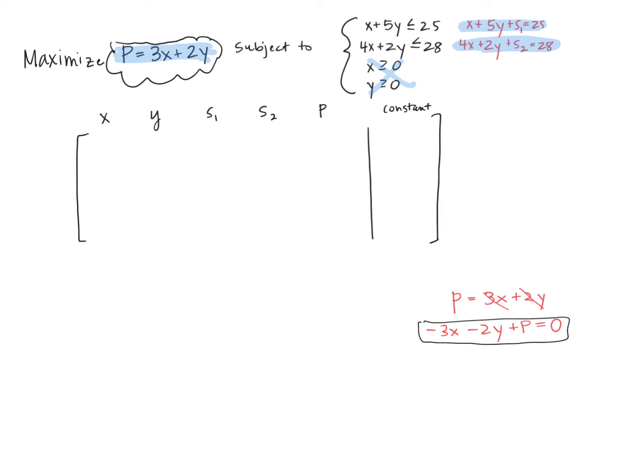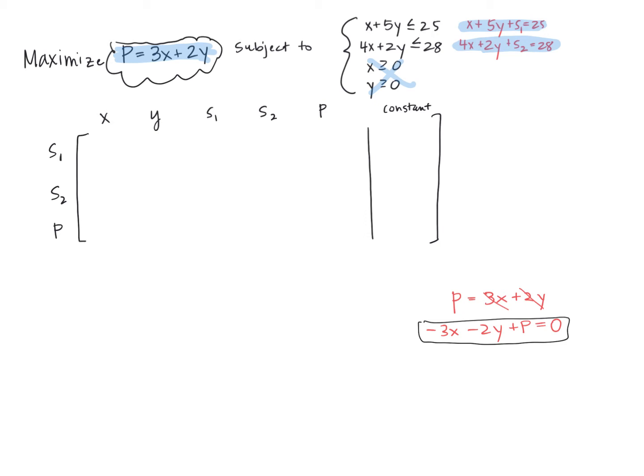Okay, so my rows, in your examples, will be called S1. So you can say that that's the equation associated with the first slack variable. S2, that's the equation associated with the second slack variable. And then P. So that's the equation associated with whatever you're trying to find.